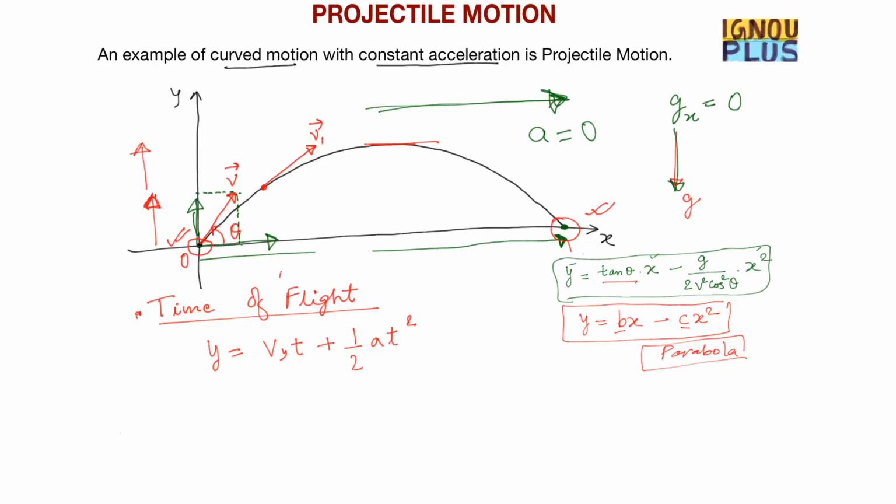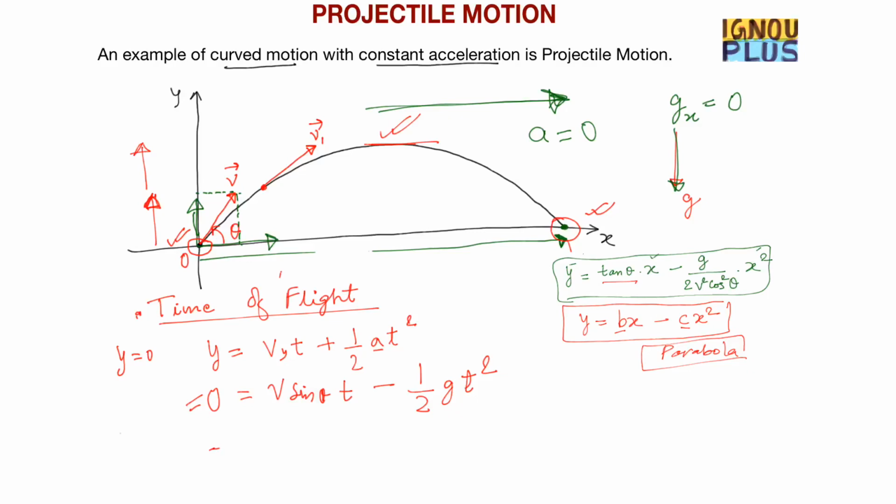So there is no change in height. It attains height, then again it comes back. So y is actually 0. We have y is equal to 0. And v y is already v sin theta, so v sin theta t minus half g t square. How do we know that? Because a is equal to minus g. Now the left hand side is 0.